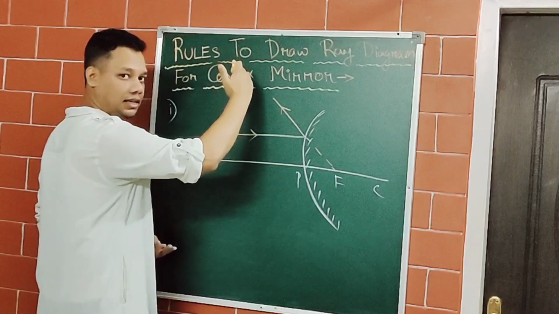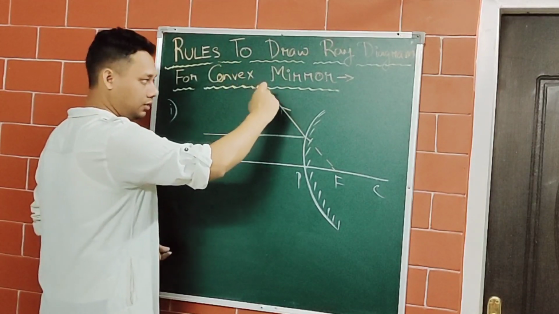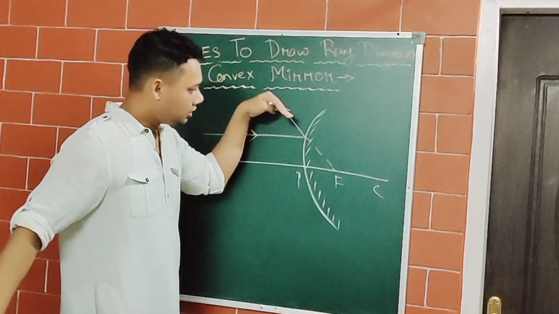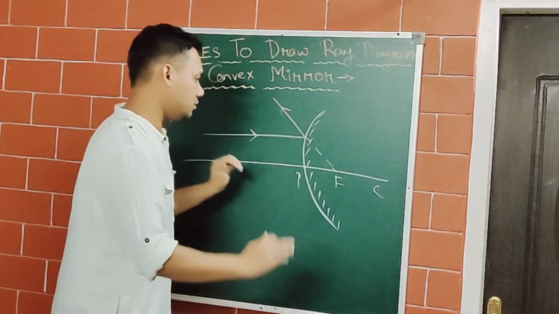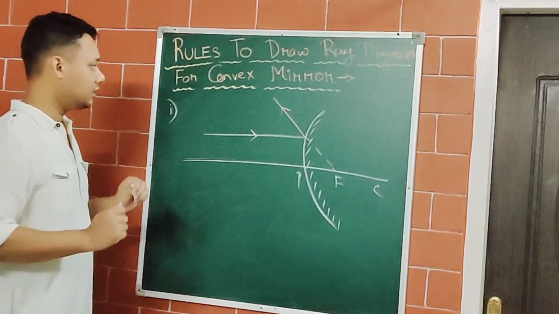It will reflect in a path, and if we trace back that line, it will pass through the focus. Okay, so this is the first rule. Next rule.